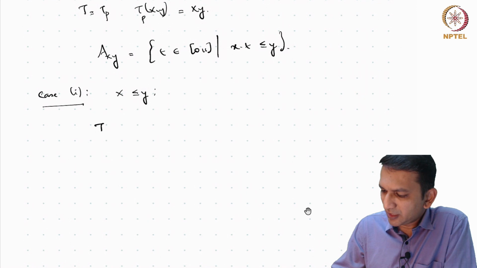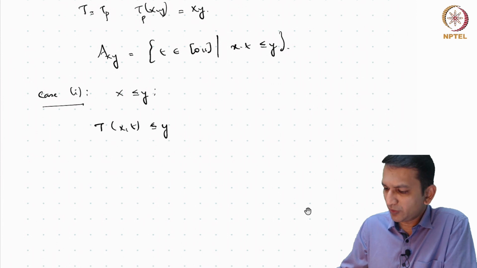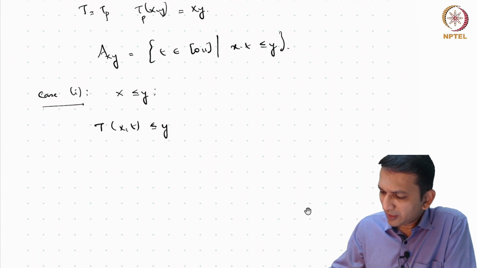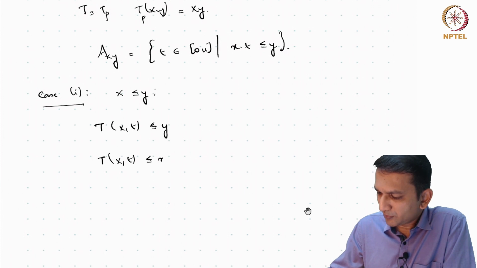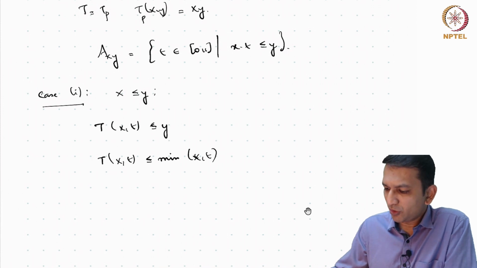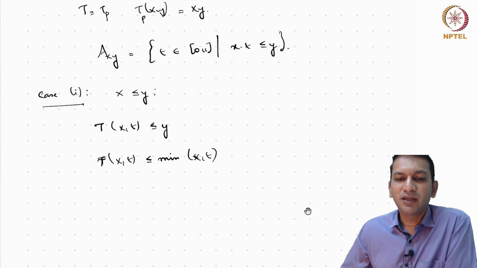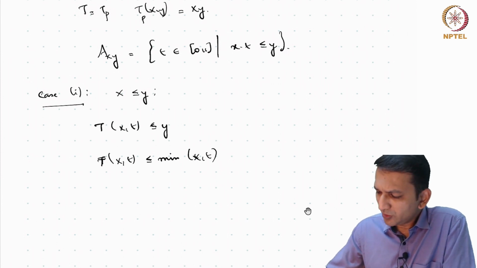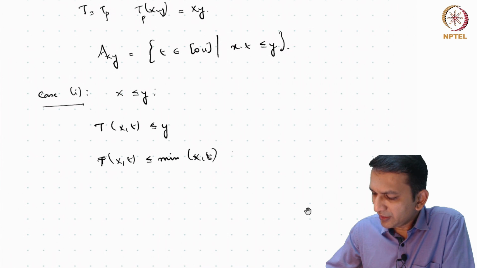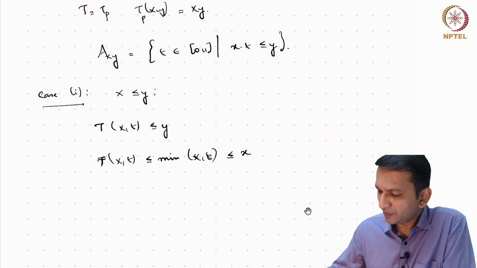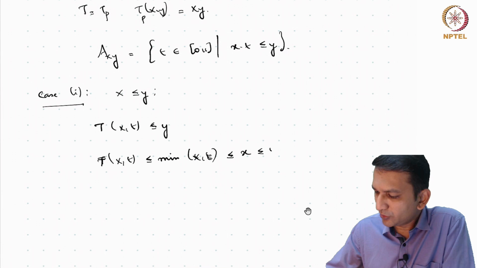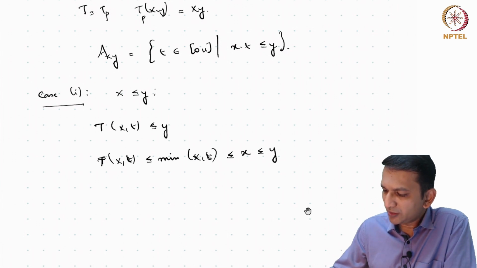Let's consider an arbitrary t, and what we want is T of x,t to be less than or equal to y. Now we know that for any T, T is always less than or equal to minimum, because minimum is the largest T-norm. So now that means definitely this is less than or equal to x. Now this is less than or equal to y, no matter what the t is.